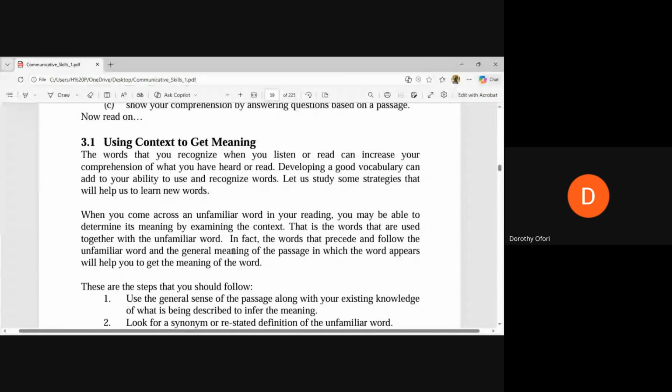So if I focus on the sentence, I might get the meaning. Another way that we can get meaning using context is when we read the overall passage. When we read the entire paragraph, the entire passage, that one is the context that we need.